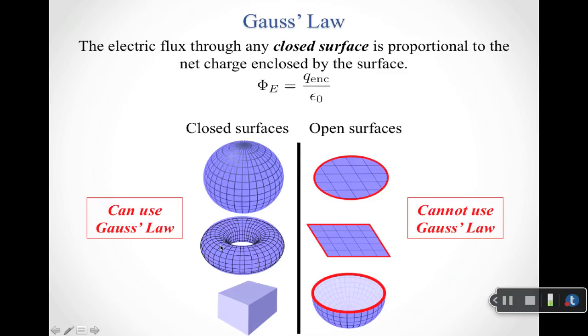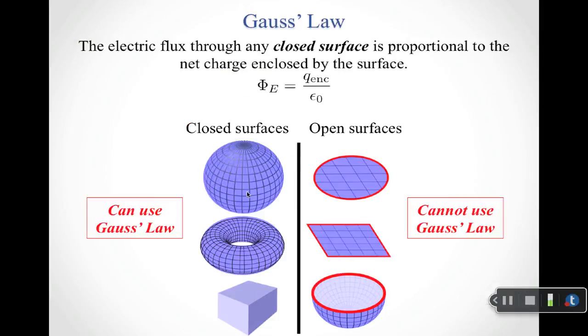And again, I can have charges inside the toroid. Here I've got a cube. Obviously that's a closed surface where I can have charges inside my cube. So these are the types of surfaces that are closed surfaces, and so therefore Gauss's law is very well suited to calculating the electric flux.